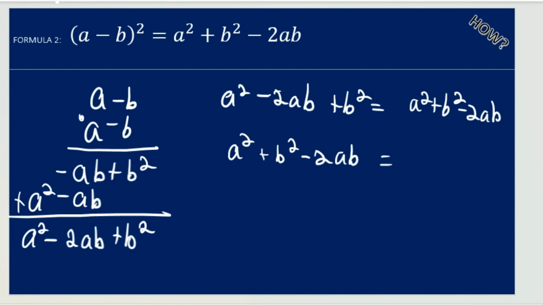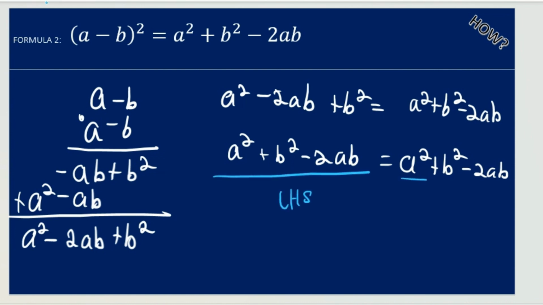So now the right-hand side is going to be a squared plus b squared minus 2ab. And now, the left-hand side is very much equal to the right-hand side. So here it is proven that this formula is correct and that the left-hand side does equal the right-hand side.